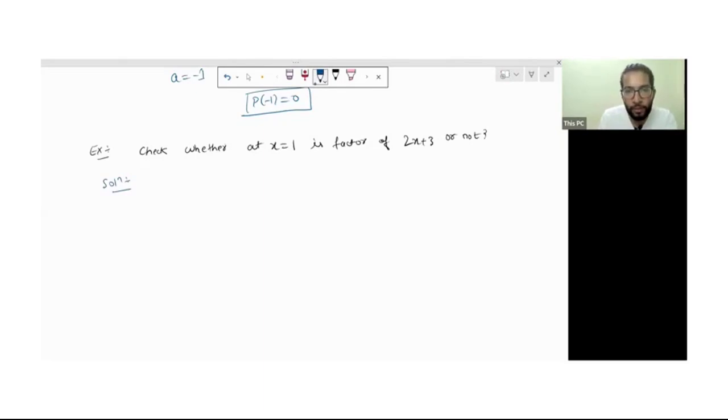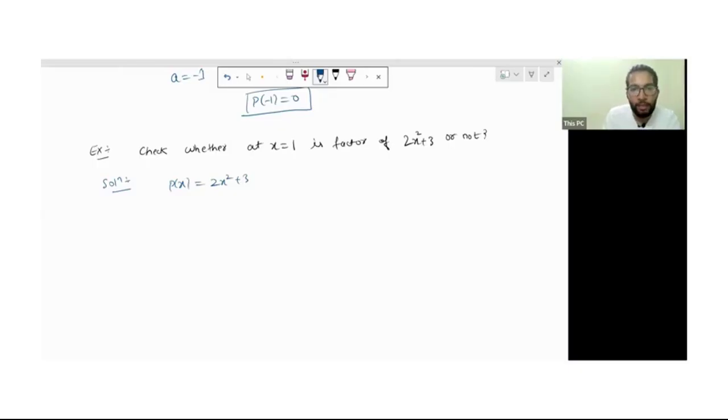At x equal to 1, we have to find whether it is a factor of 2x plus 3, which means our p(x). We can increase the power because we are working with power greater than 1: 2x squared plus 3. It will be more perfect. So we have p(x) is equal to 2x squared plus 3.